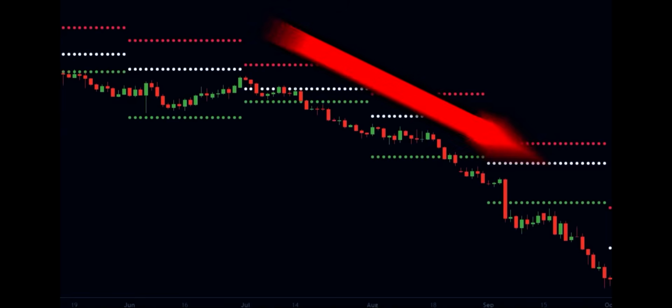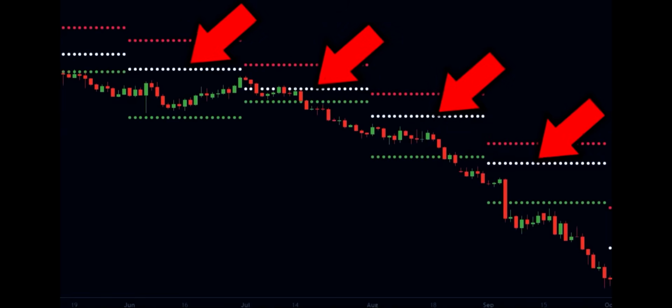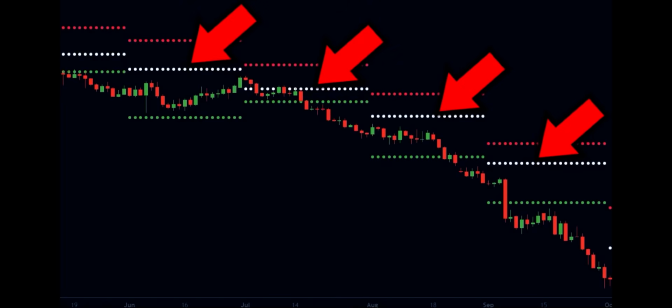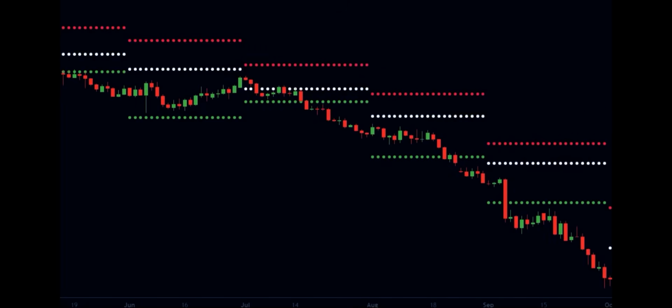Similarly, in a downtrend, we see that the price tends to stay below the central pivot. Another sign of a downtrend is that the price will plot consecutive lower central pivots throughout the downtrend. Hence, if the current central pivot is below the previous central pivot, then we can say that the price is in a downtrend.